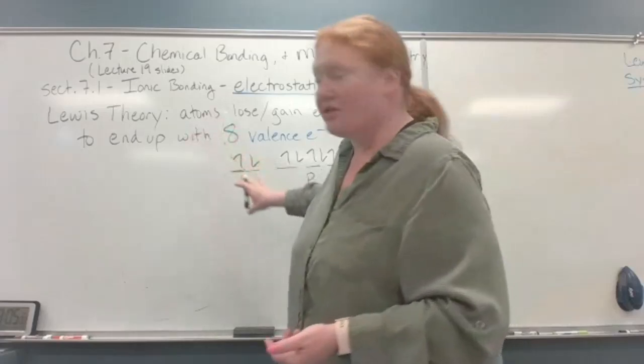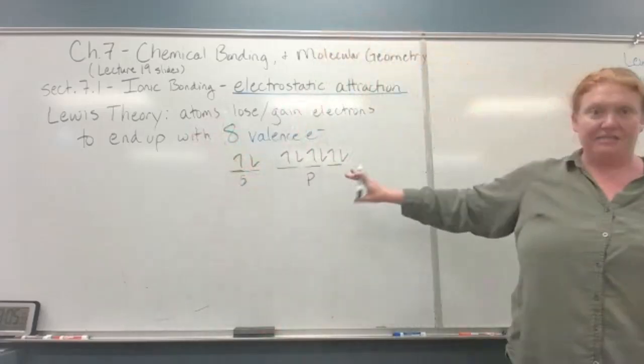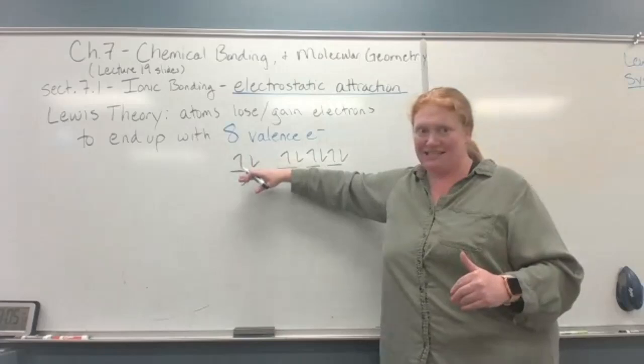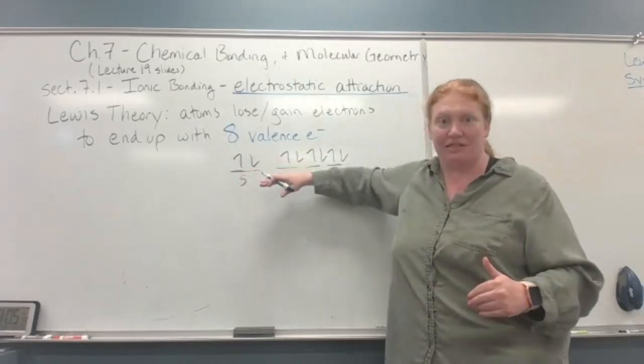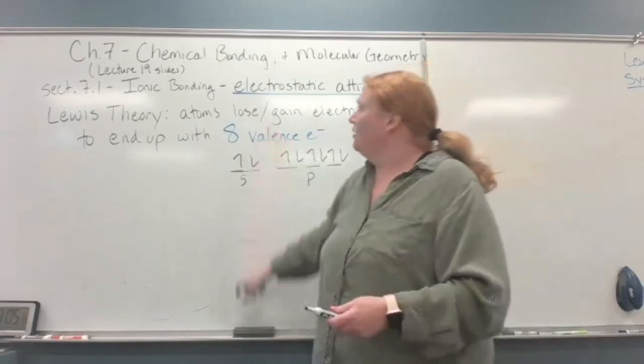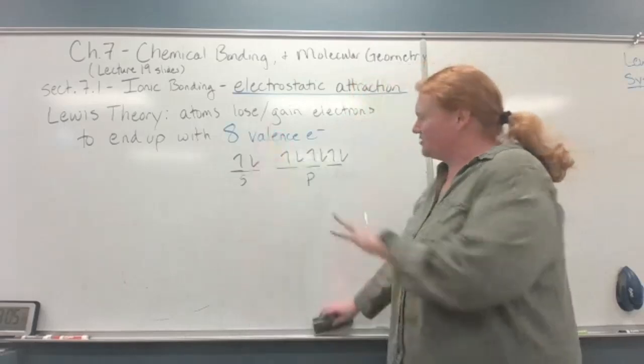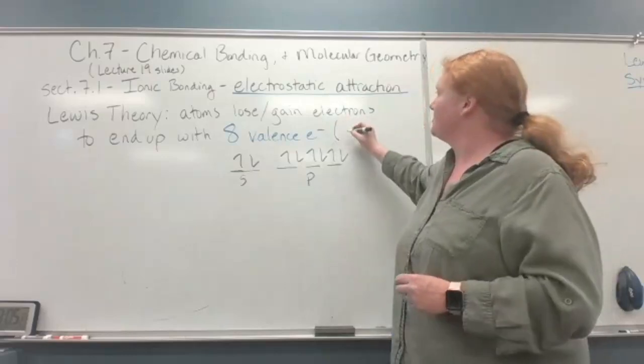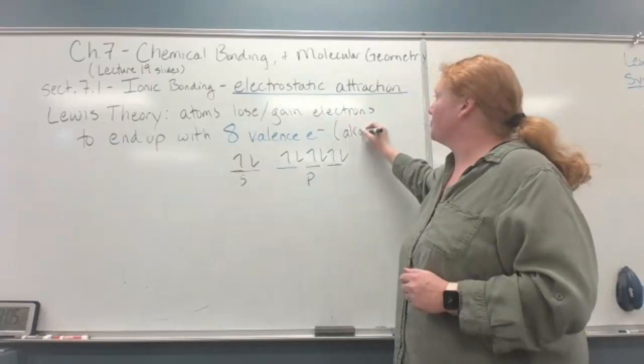Okay. Lewis theory says everything wants 8 because 8 is stable. Everything is full of electrons when there's 8 valence total. So this theory about 8 valence electrons is sometimes called the octet rule.